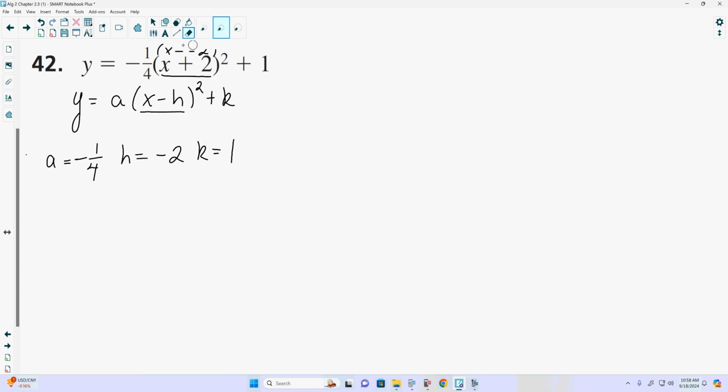The number inside those parentheses, if it's positive, comes out negative. If the number looks negative inside the parentheses, it comes out positive. That's because of the minus h, minus k, in the general form. The only way I can have minus a value is if the value inside is negative for it to switch to positive.